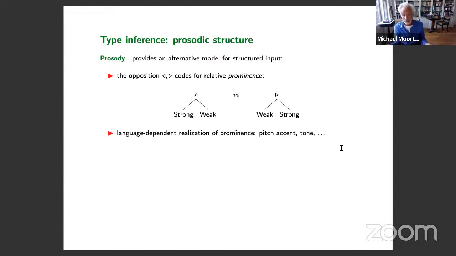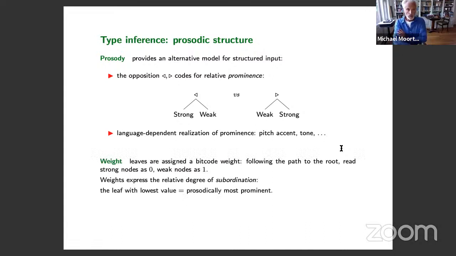So it would be a distinction between a subtree which is having a strong and weak element, or a weak and a strong element. And then depending on the language that you are talking about, the realization of that prominence could be in terms of pitch accent, as we have it in say English, or it could be a tone melody in a tone language, or whatever.